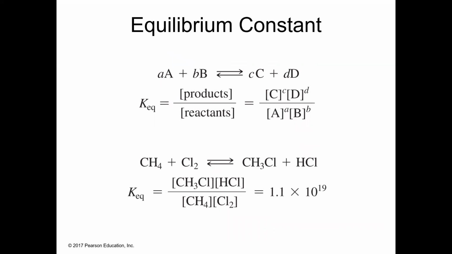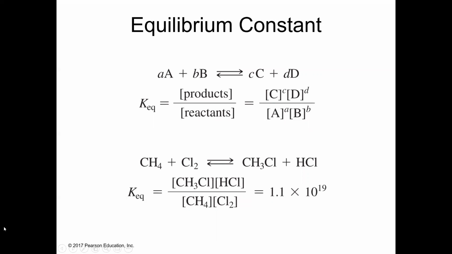In chemistry 2, you learned about equilibrium constants. For a general reaction such as this, the equilibrium constant is equal to the products over the reactants. Each species is raised to the exponent which corresponds to its coefficient.